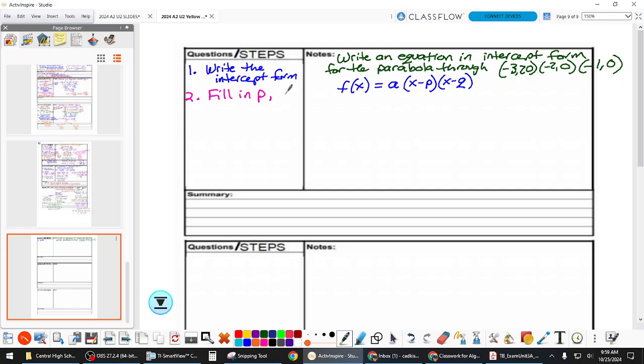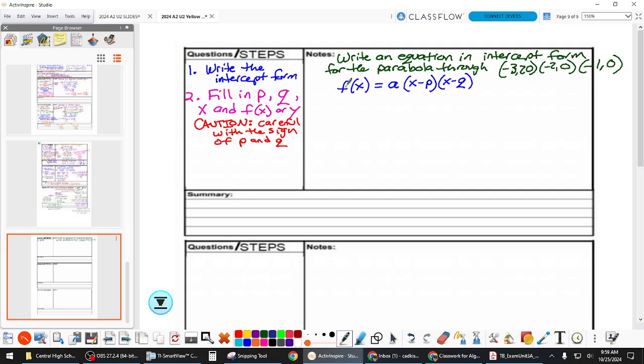Now we're going to fill in p, q, x, and f of x, or y, whichever one you choose to call it. I do want to put caution. Careful with the sign of P and Q. So let's go fill it out.